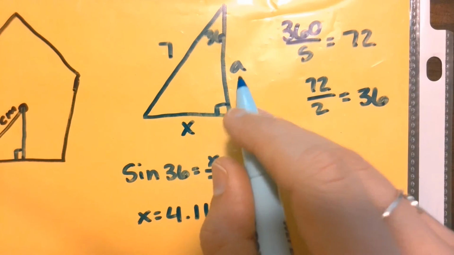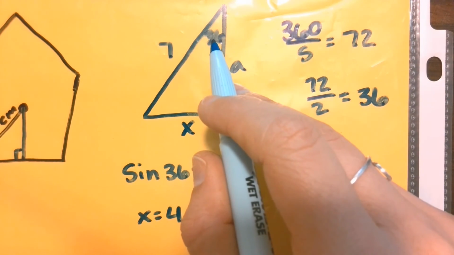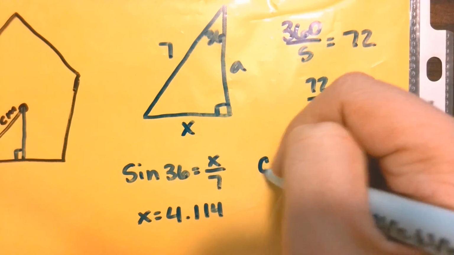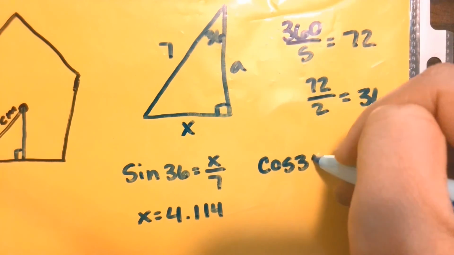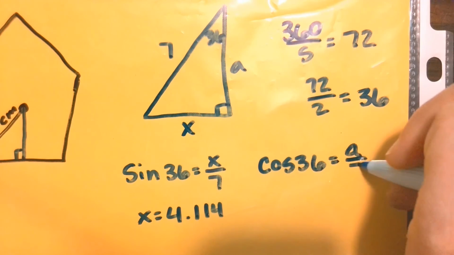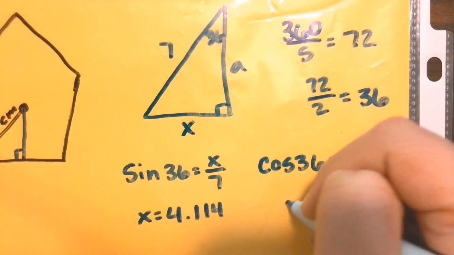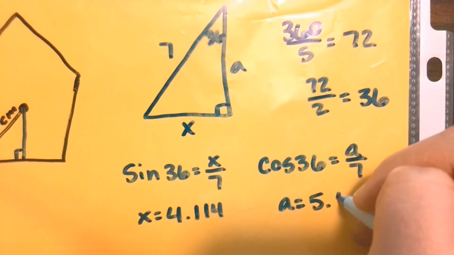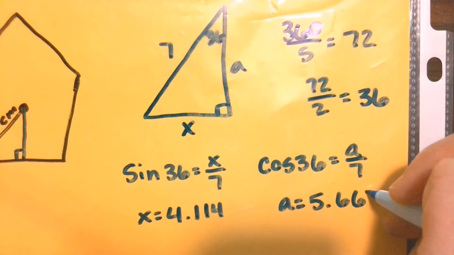To find a, very similar, but now I'm going to be using a different trig function because I have the adjacent and the hypotenuse. So I'm going to have cosine of 36 equals a over 7. Very similar process. So 7 times the cosine of 36 this time. It's 5.663.